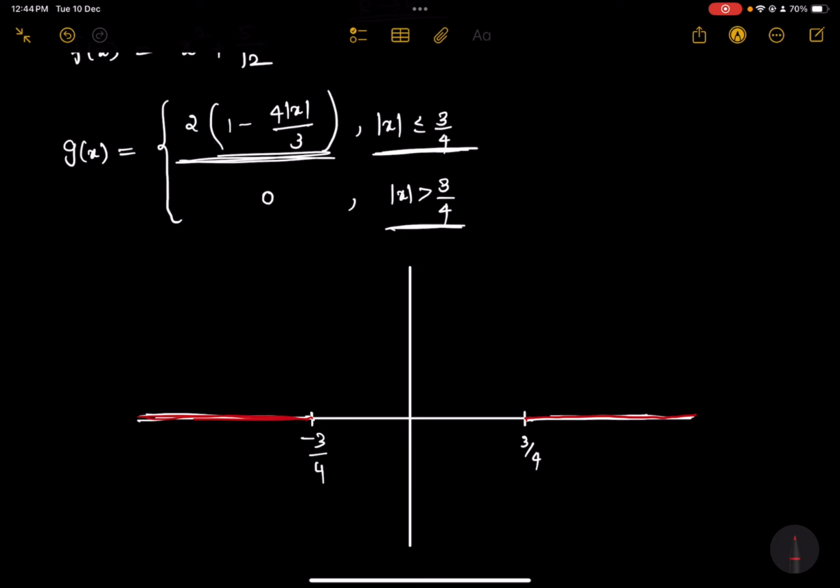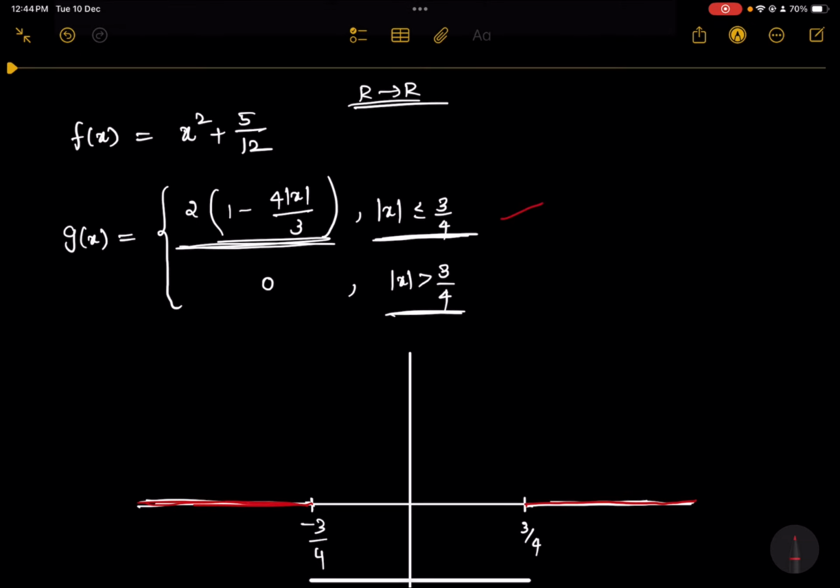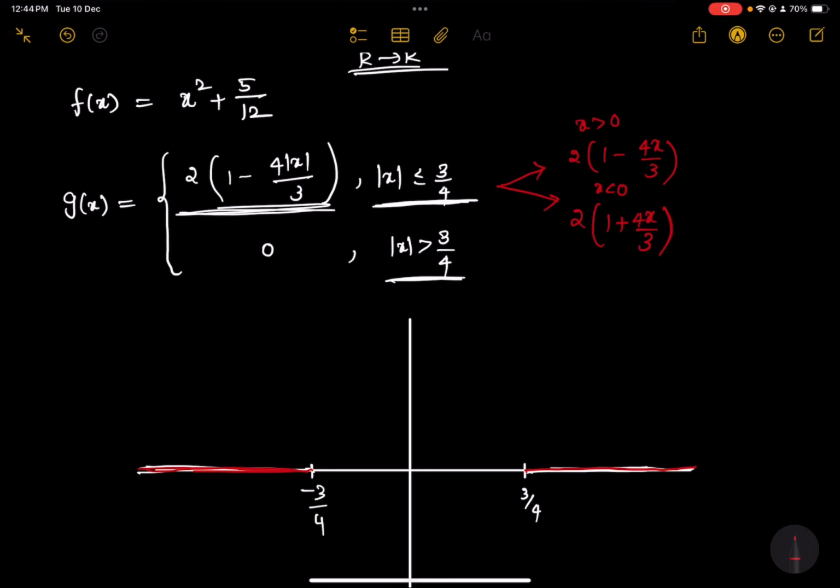Alright, now here again there are two cases. If x is greater than 0, mod x is same as x, so the function will be 2 into 1 minus 4x by 3. If x is less than 0, mod x is minus x, so it will be 2 into 1 plus 4x by 3. For x greater than 0, this is the function.